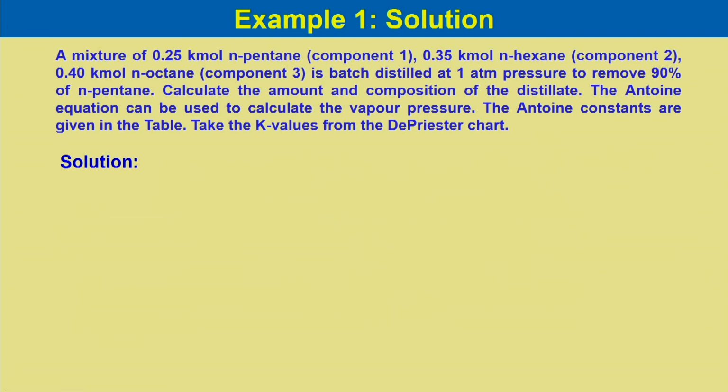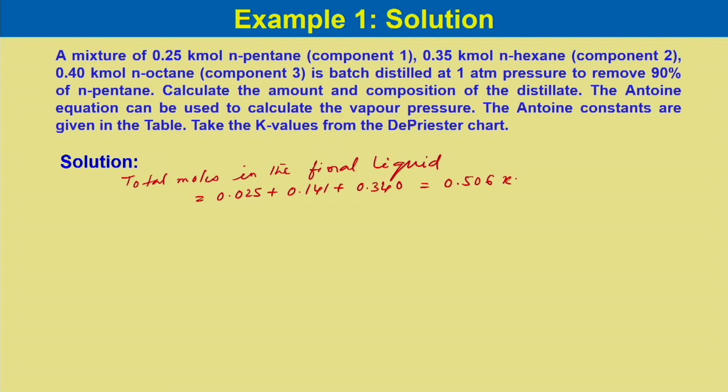Now, the total moles in the final liquid we can calculate: 0.025 plus 0.141 plus 0.34, which would be equal to 0.506 kilomole.